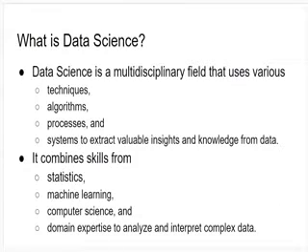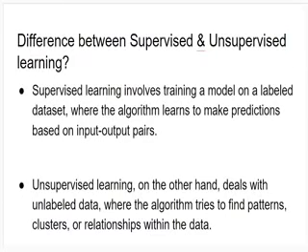The next question is, what is the difference between supervised and unsupervised learning? Supervised learning in data science involves training a model on a labeled data set, where the algorithm learns to make predictions based on pairs of input and output. While the unsupervised learning deals with unlabeled data, where the algorithm tries to find patterns, clusters, or relationships between the data.